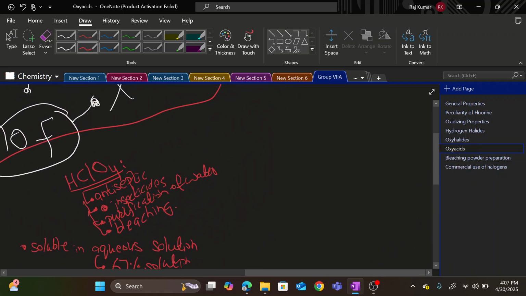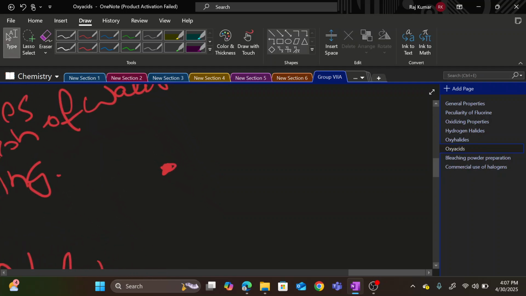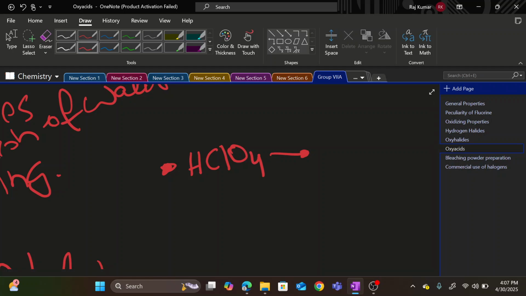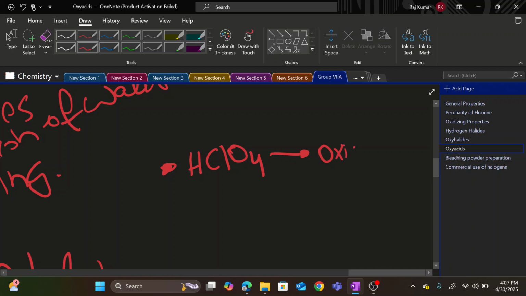And perchloric acid is also used as an oxidizing agent.